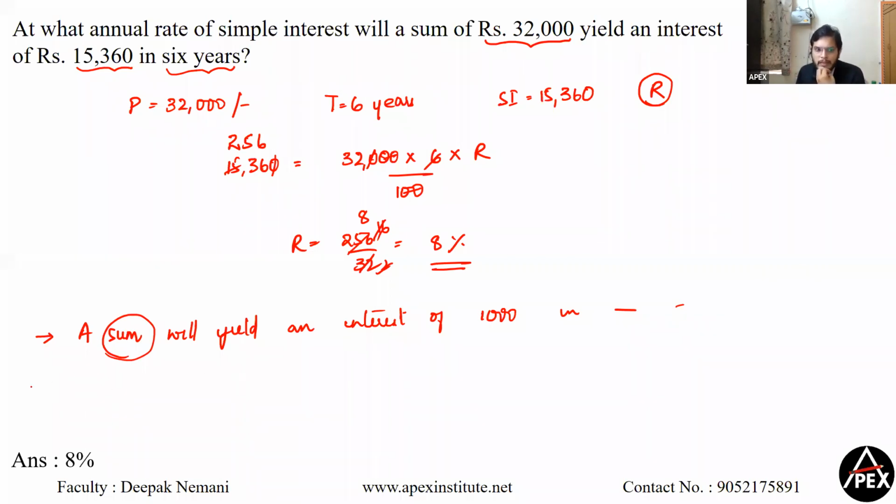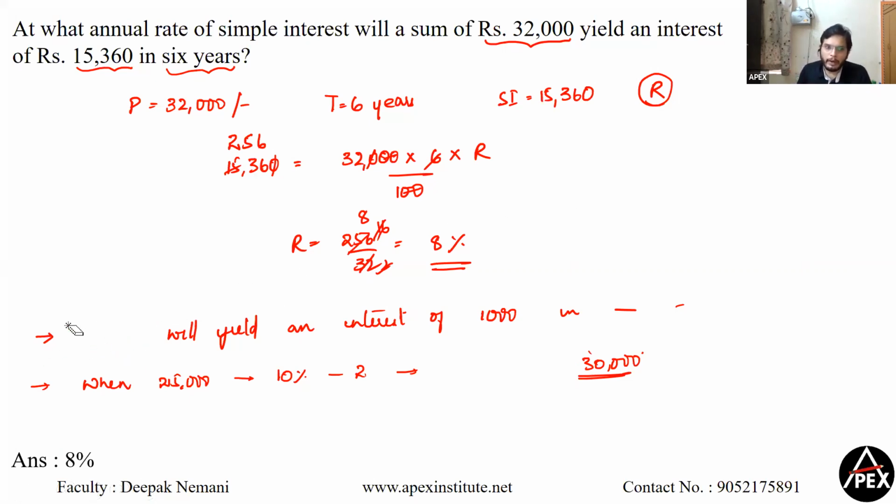But in another type of question, when 25,000 is invested at an interest rate of 10% for 2 years, you will receive a sum at the end of 2 years as 30,000, for example. In that case, this will be the amount. So you cannot go by this word sum. You need to identify whether it is a principal or amount.